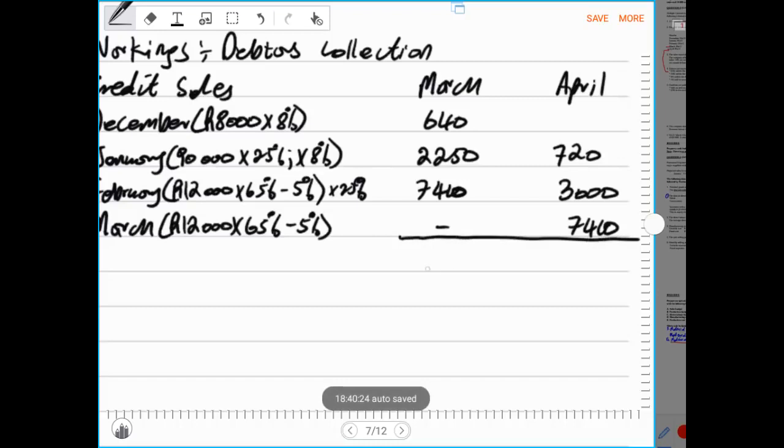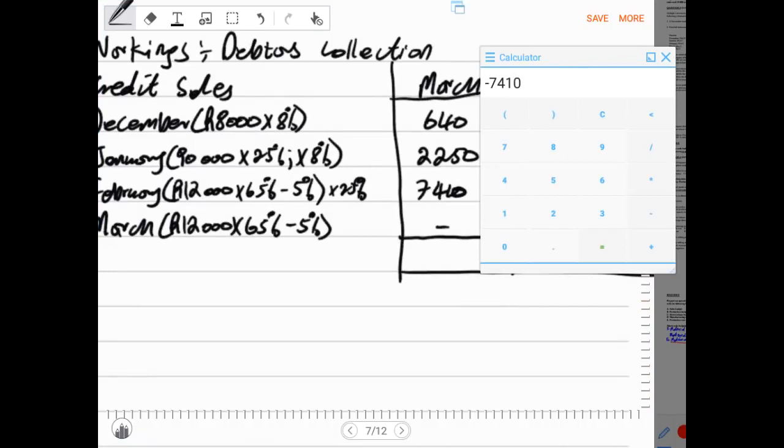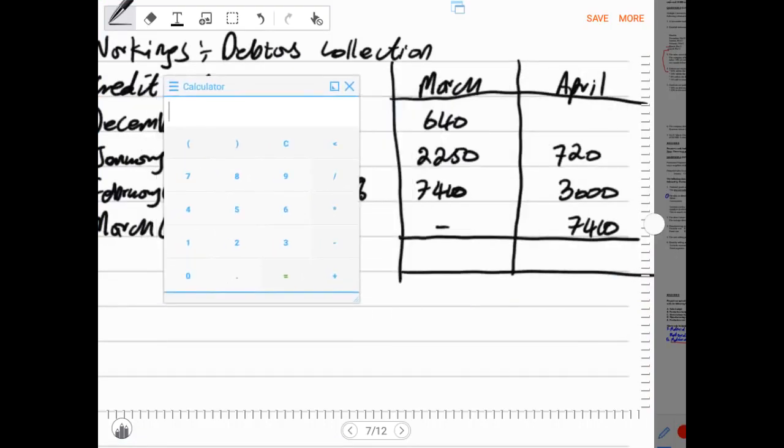So let us calculate the total of the estimated cash to be received from the collection of debtors. Then after we say 640 plus 2,250 plus 7,410, that gives us 10,300 for March.